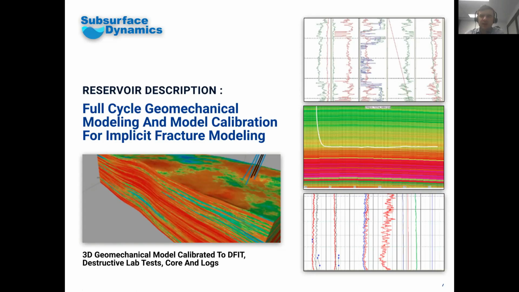Typically, the geomechanical model is calibrated to DFITs, some destructive lab tests, and core and logs that are available in the area. But the absolute minimum that we need to derive the mechanical and stress properties would be acoustic measurements and at least one or two DFITs in the area, so we can calibrate to the downhole measurements.